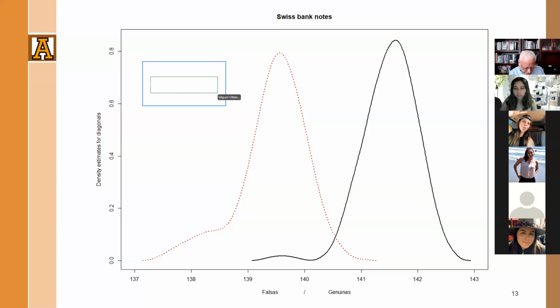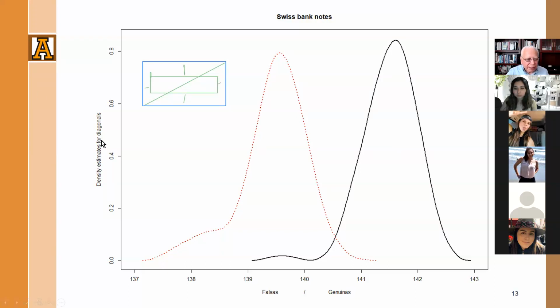I'm exaggerating this a little bit, but anyway, there are several measurements taken on the bill. One of the measurements is how much it measures on the diagonal. Another measurement is the distance between the top of the note and the inner frame, and the bottom of the note and the inner frame. But here we're looking only at the diagonal.